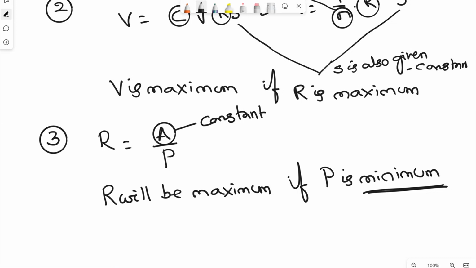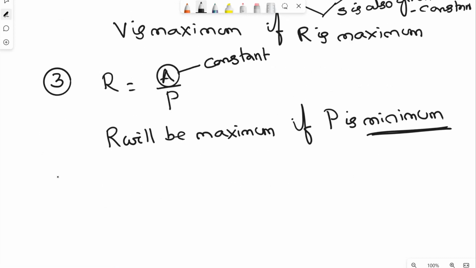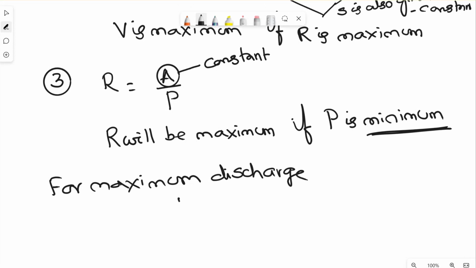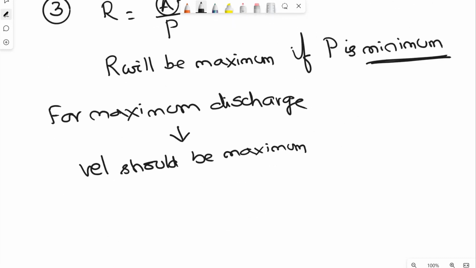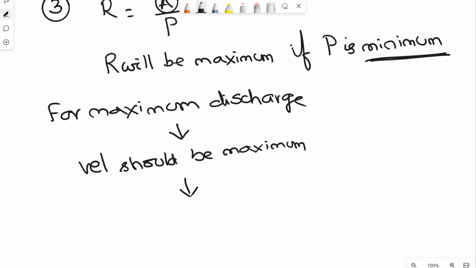So finally, what is the conclusion for maximum discharge? For maximum discharge, the first thing is velocity should be maximum. For maximum velocity, what should be maximum? R should be maximum. R is hydraulic radius.